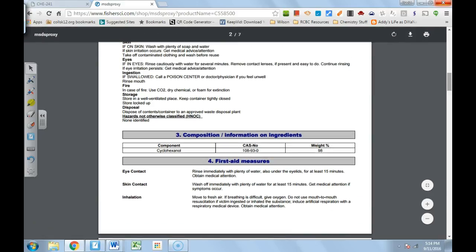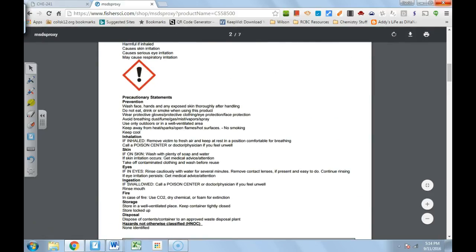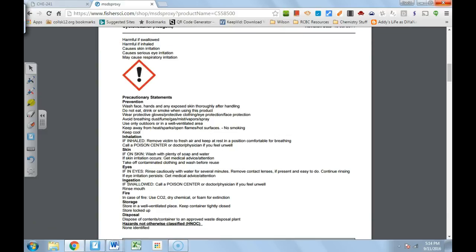First aid measures, it gives you things like this. When you're doing this, you don't have to copy everything down. The point is to be judicious about what you're writing down so that you have some familiarity with the chemical when you get to the lab, so when you're using it, you can use it safely.